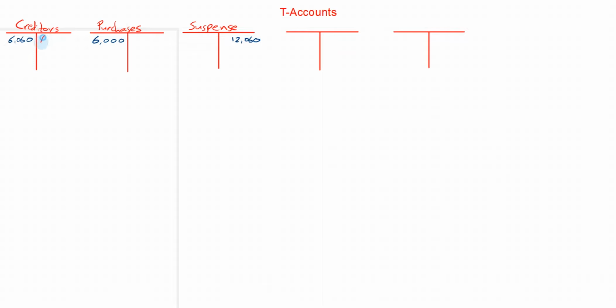So the creditors, I'm just going to take out what was in there. Purchases, I'm just going to take out what was in purchases. Suspense, I'm going to take out what was in suspense. And that double entry, so that's all okay. If we take out 6060, take out 6,000, that double entry into suspense will equal there. So now we have nothing in any of the accounts.